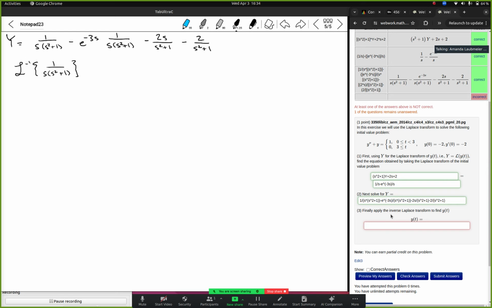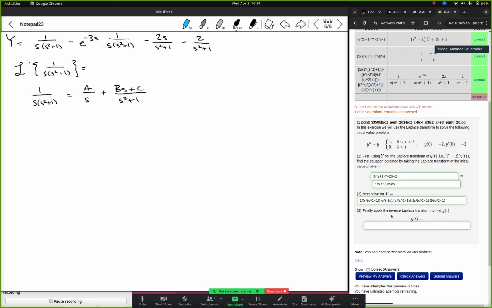So what I want to do is take 1 over s times s squared plus 1, and make it be some constant a over s plus maybe bs plus c over s squared plus 1.